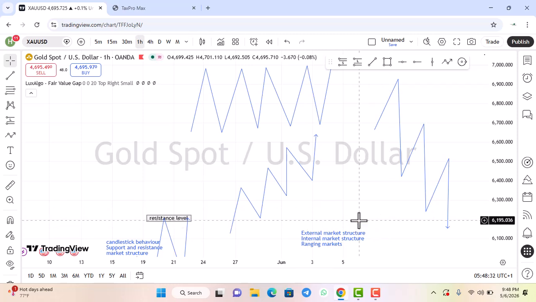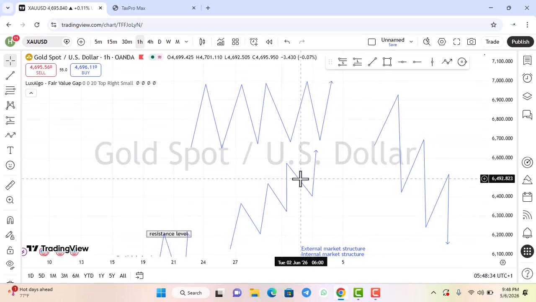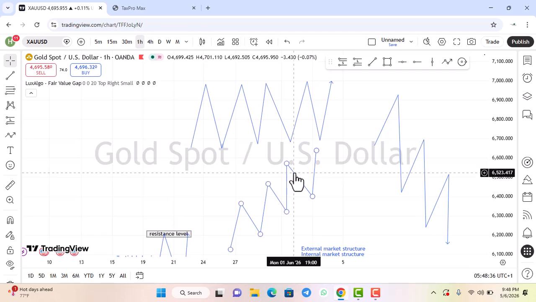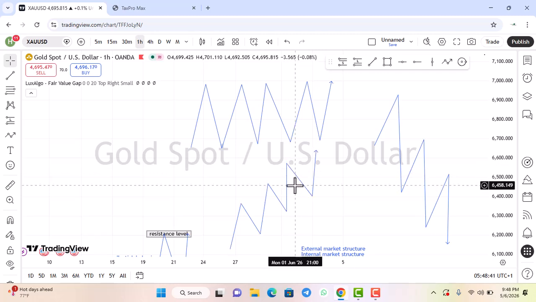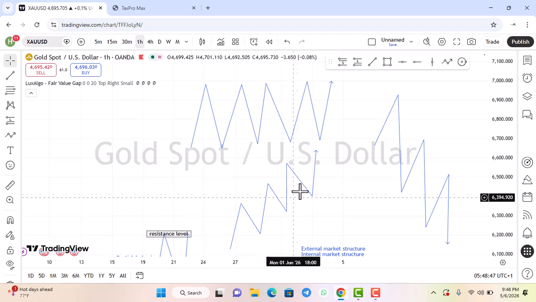So what is internal structure? Internal structure is the patterns or behavior that happens within an expansion, or within a reversal, or within a retracement.